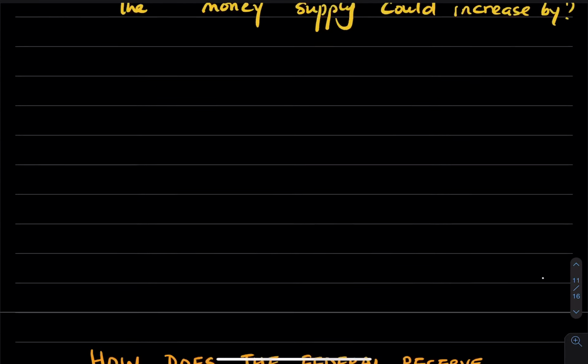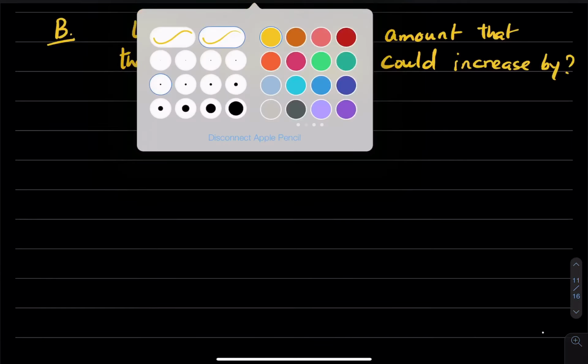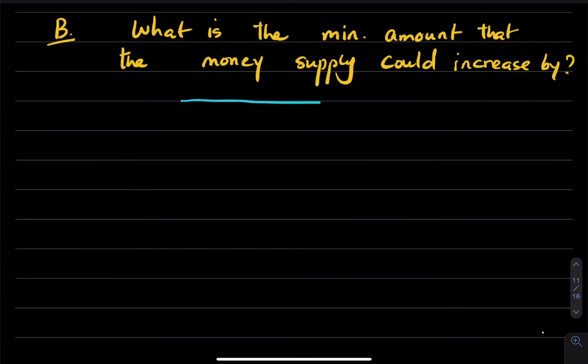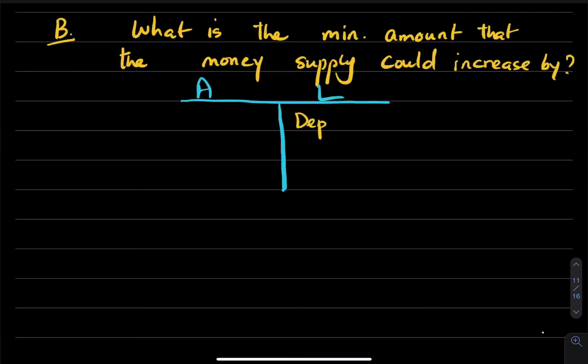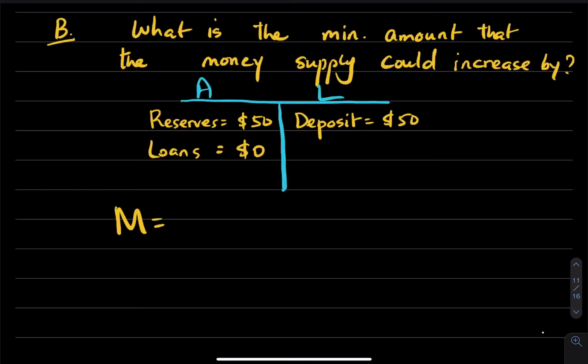So you could have a T account. If you want to think about the bank's T account, these are assets and these are liabilities, and here you made a deposit of $50, and the bank holds all of those as reserves and makes no loans. In that case, also, money supply: initially, money equals currency plus deposits.